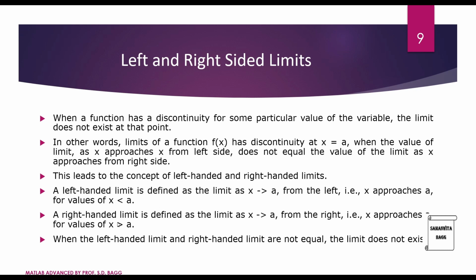The right-handed limit is defined as the limit as x tends to a from the right, that is, x approaches a for values of x greater than a. In mathematics it will be x tends to a plus. When the left-handed limit and right-handed limit are not equal, the limit does not exist. This is called a discontinuity in a function.